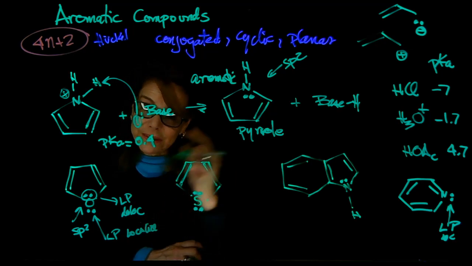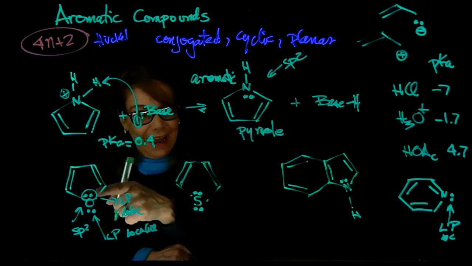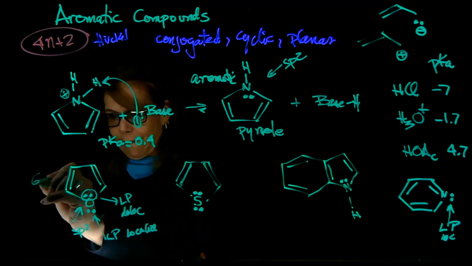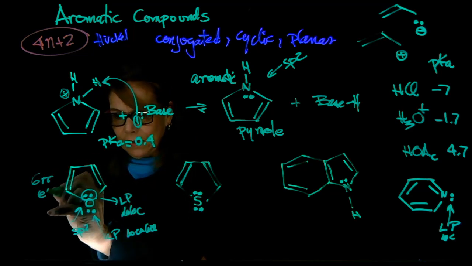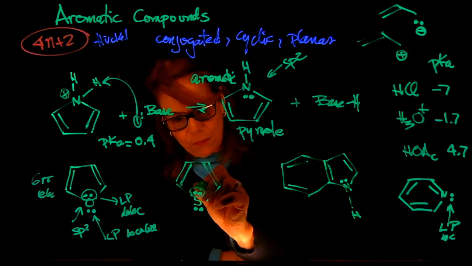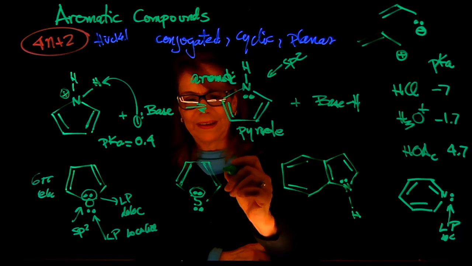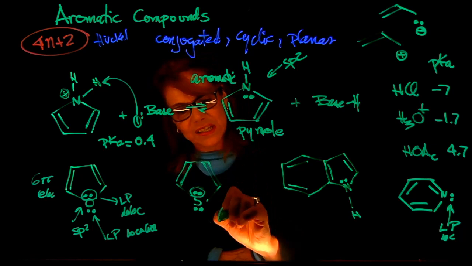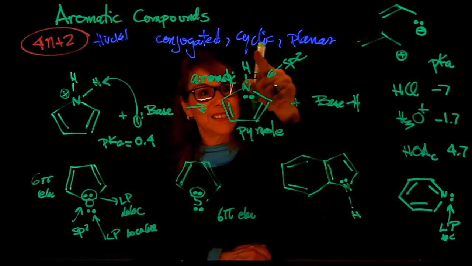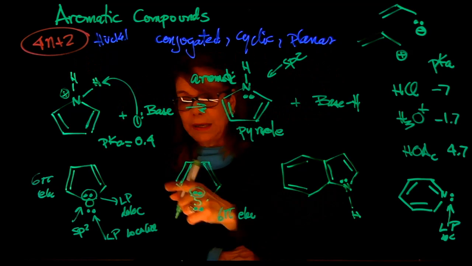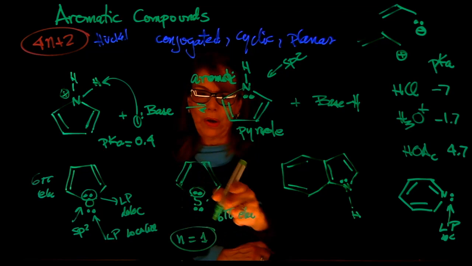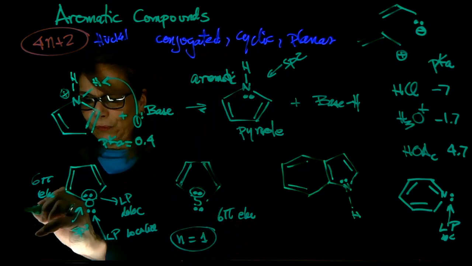You do resonance only with one pair, so you count one of the lone pairs. So you count 2, 4, 6. Same thing here: sp2 hybridized, you only count one of those lone pairs, the one that is delocalized, so 2, 4, 6 pi electrons. So conjugated, cyclic, planar, it meets Hückel's rule for n equal 1. So another aromatic; this compound is furan.